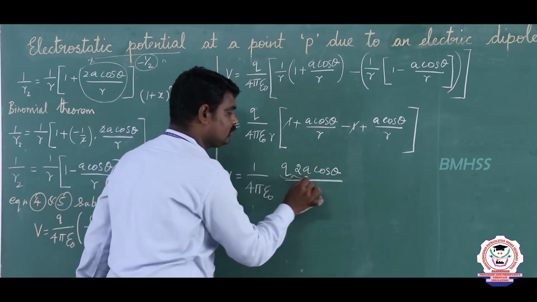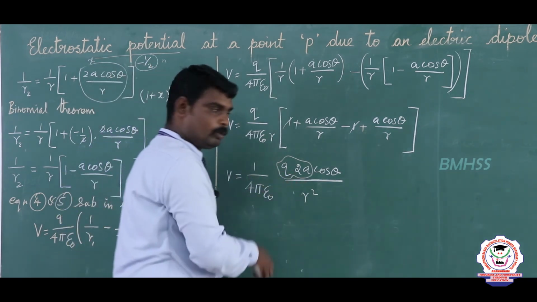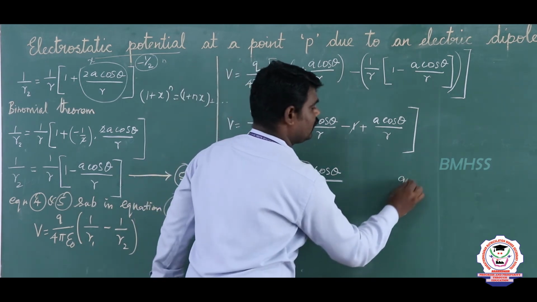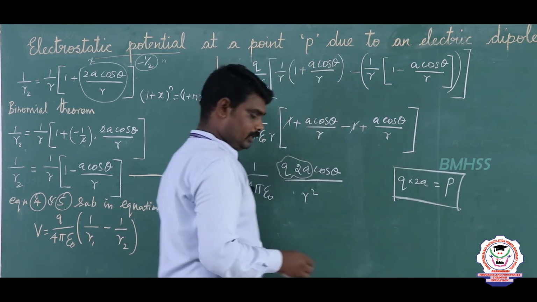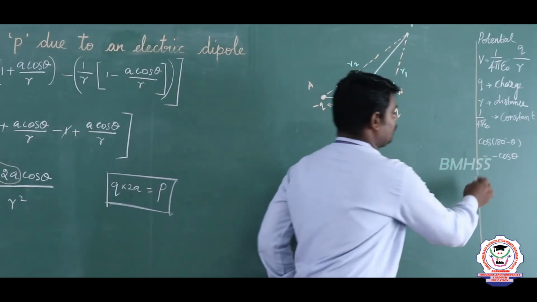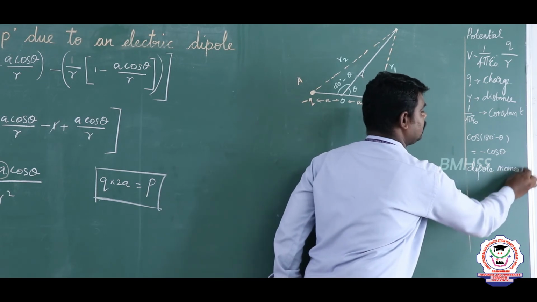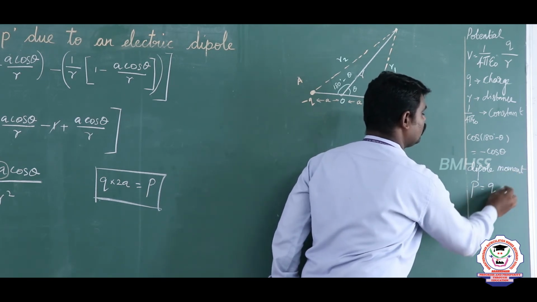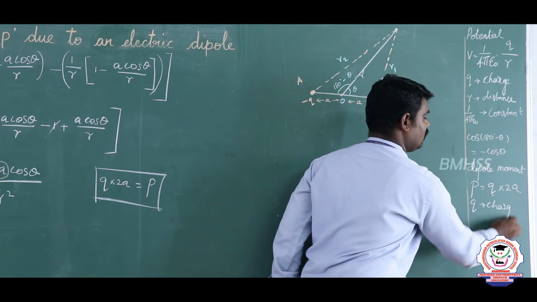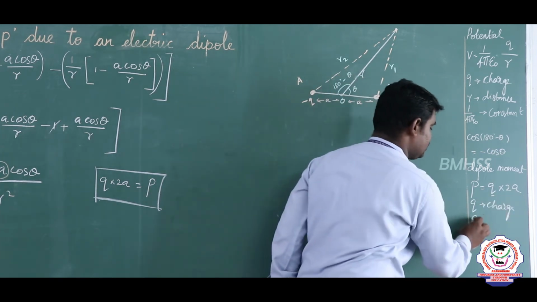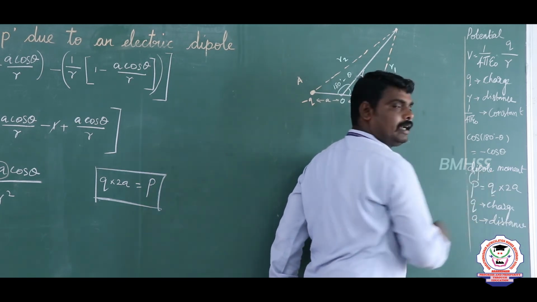Remember this Q into 2A. Q into 2A is what? Anyone say? Yes, dipole moment. So Q into 2A is nothing but the dipole moment. Dipole moment P is equal to Q into 2A, where Q is a charge, 2A is a distance, and P is the dipole moment.